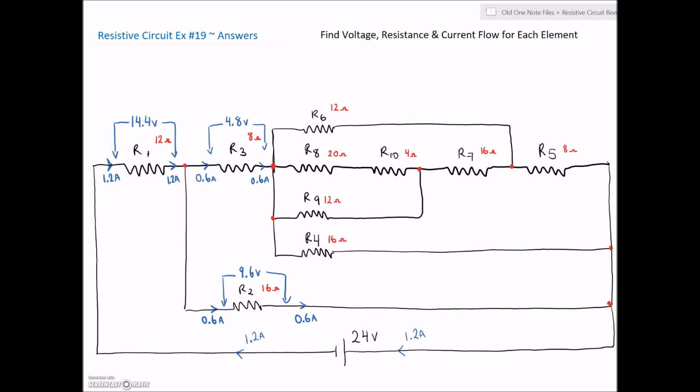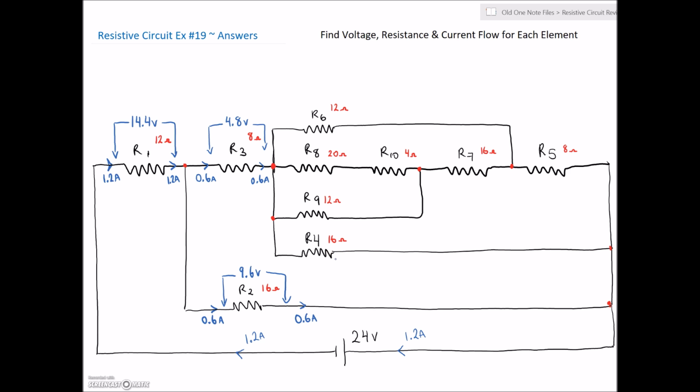Okay, so now we can do the same thing. Initially, we used the 24 volts as the supply for R1 and R2 because we have that path right across the 24. Now we're going to use R2 with the 9.6 volts as the source for R3 and R4. If we follow from here, that same voltage should be applied here at one side of R3, and if we follow that voltage, it's also available over here at R4.